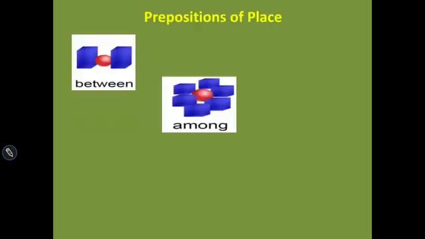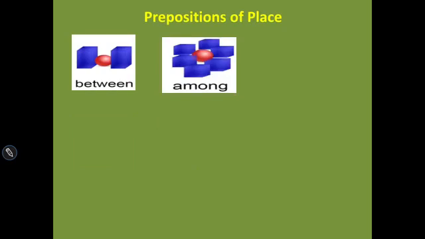Here I have some pictures to make it more clear about the difference between and among. In the first picture, you can see that there is a ball, and it is in the middle of 2 things, 2 boxes, because there are 2 things and the ball is between these 2 things.